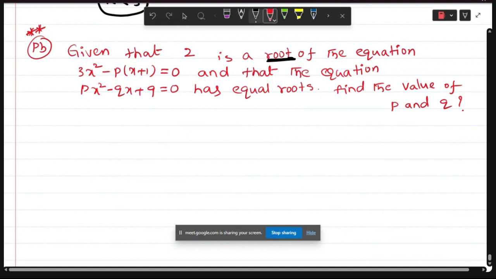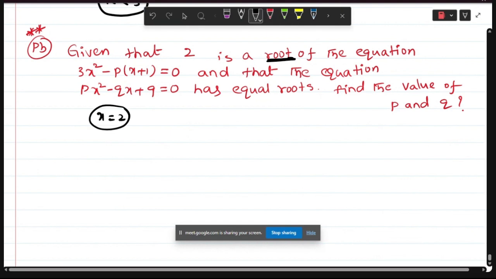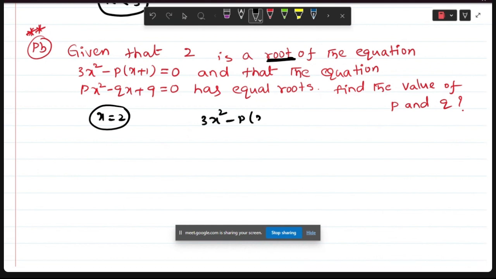So now we discuss the question. See here, 2 is the root means x equal to 2. So what is the given equation? px square minus p of x plus 1 is equal to 0.